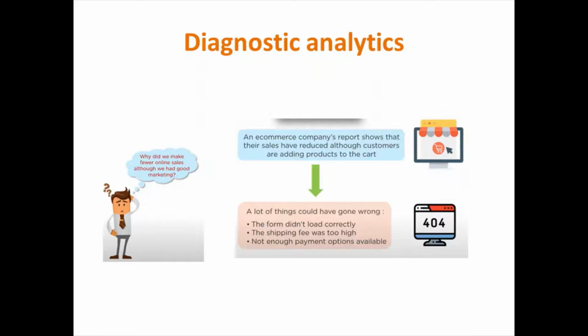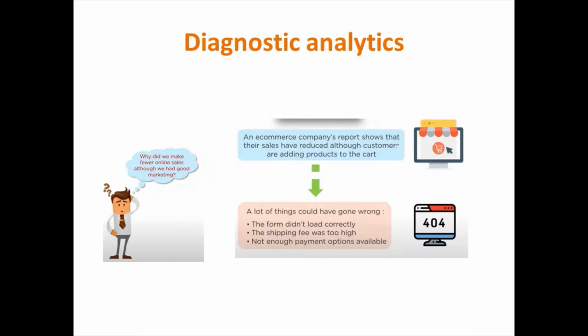Then they try to figure out why they made fewer online sales although they had good marketing. There might be lots of things that could have gone wrong, like the form didn't load correctly, or the shipping fee was too high, or not enough payment options were available. So it tries to find out the cause, like why this happened.